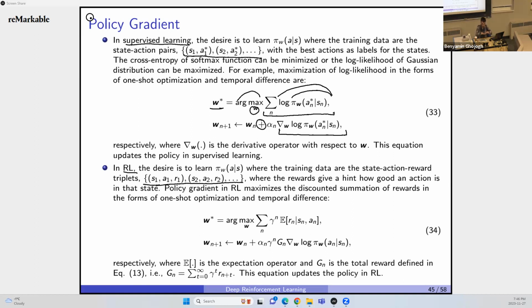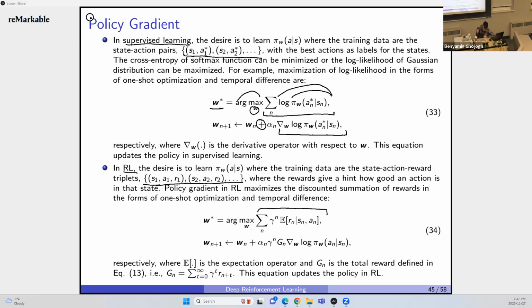Because reinforcement learning is nothing but interacting with the environment. So I have a state, I do some action, I get some reward. So it is S1, A1, R1. Note that there is no star on action because there is no optimal action yet, right? So we can say, let's maximize the total discounted reward now, right?